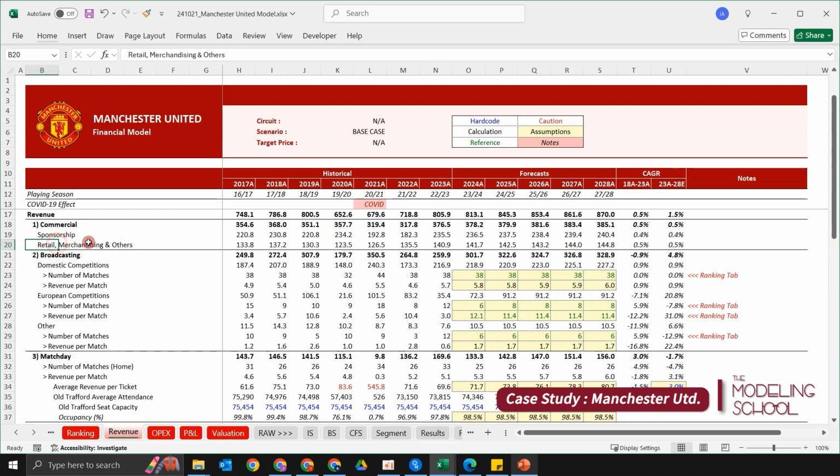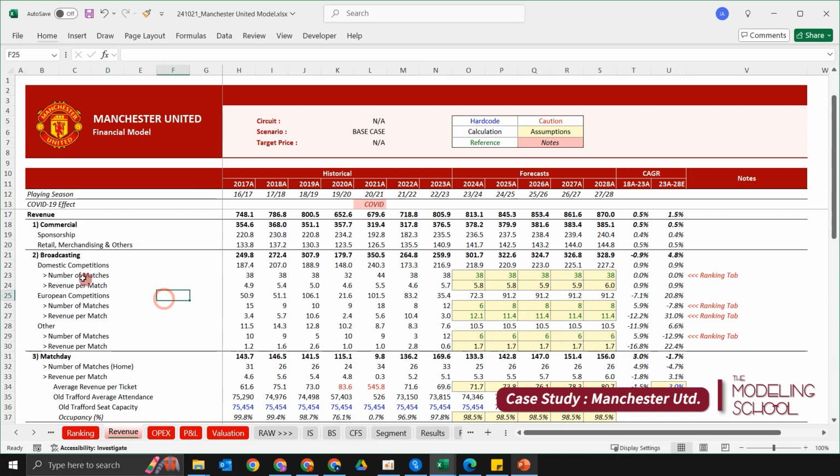So things like uniforms, cups, scarves, any merchandise related to Manchester United, those kinds of revenue are recognized into commercial revenue.